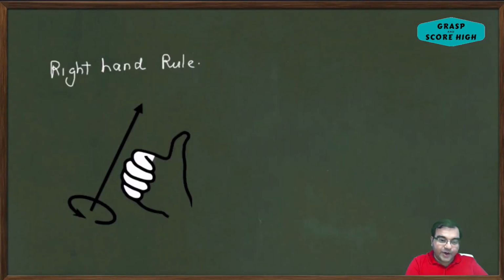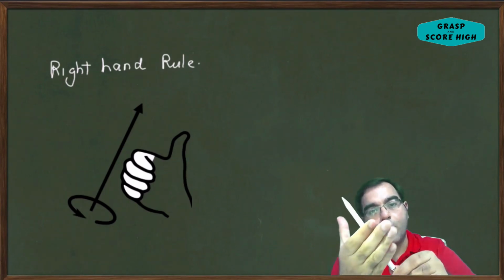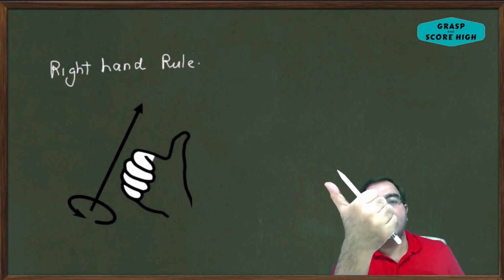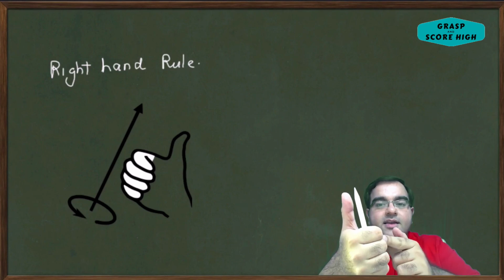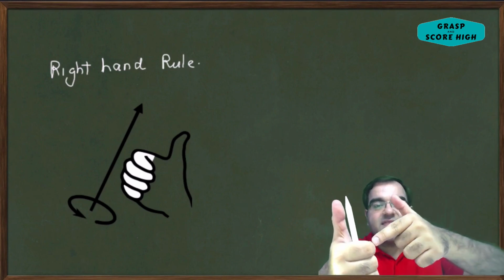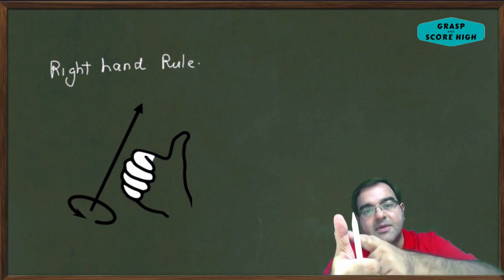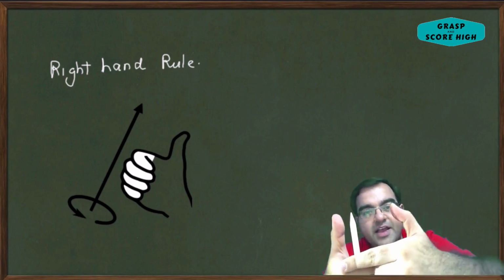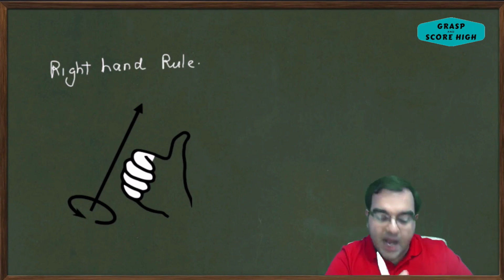Now, what's the right hand rule? See, you take a wire and you hold it in your right hand and you curl your fingers. Just imagine this to be a wire. I am wrapping my right hand around it and curling my fingers. Can you see this? My fingers are in the anti-clockwise direction and my thumb is pointing upwards.